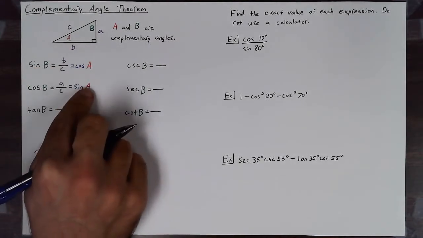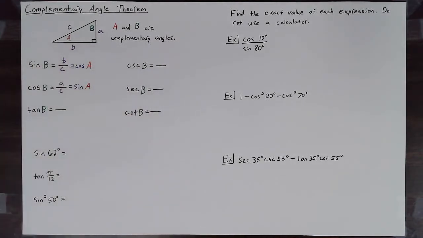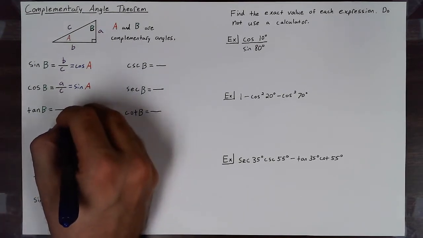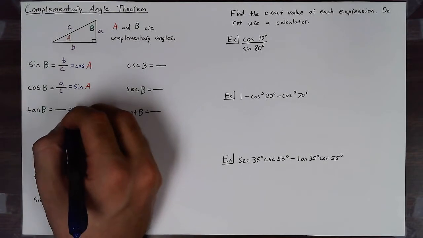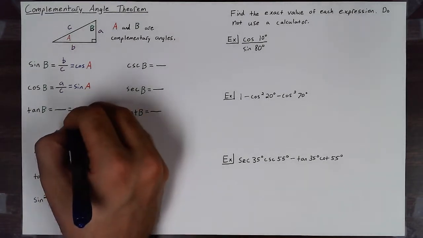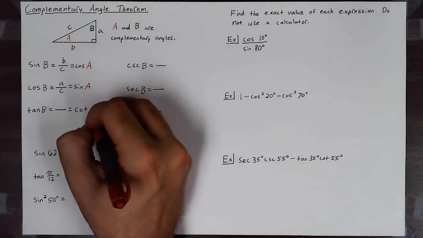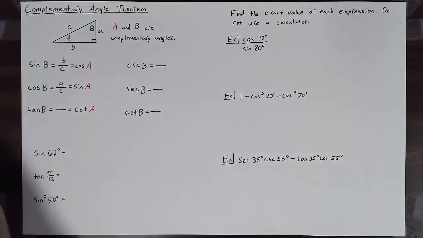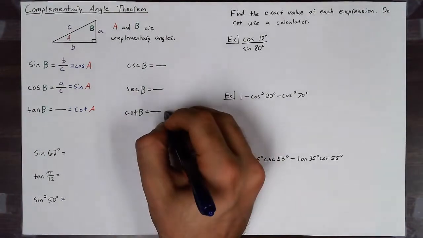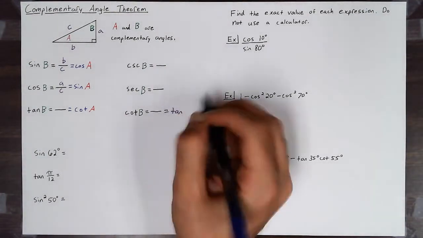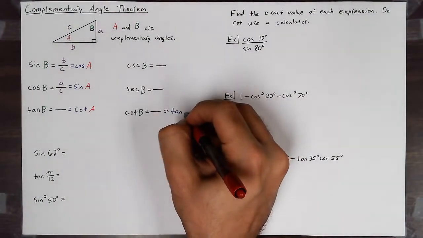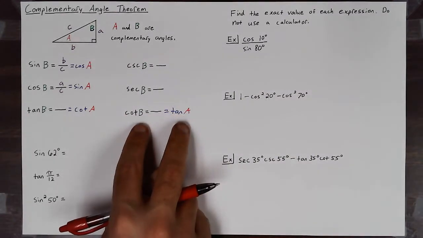These are known as cofunctions. So it would definitely be very easy to say that tangent of B should be equal to cotangent of A, and then cotangent of B should be equal to tangent of A, using those complementary angles.